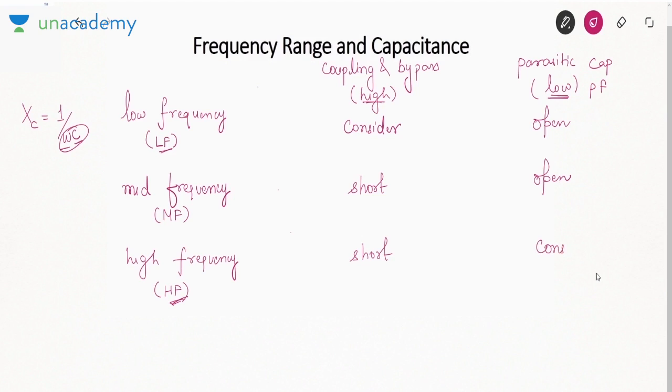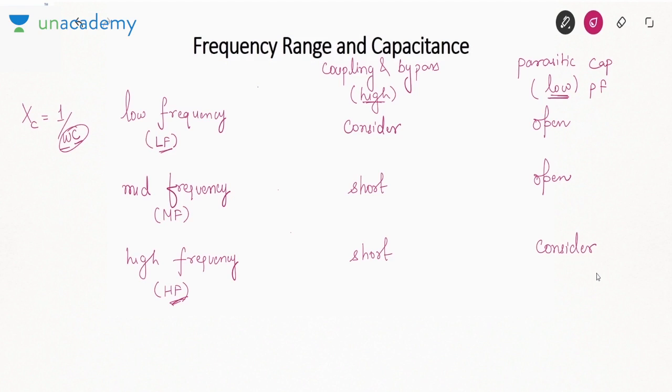So we have to consider this capacitance. That means parasitic capacitances will be considered at high frequencies and external capacitances will be considered at low frequency. So when we will be studying low frequency and the high frequency response, we will only consider one kind of capacitances at a time. We will not consider all the capacitances simultaneously.